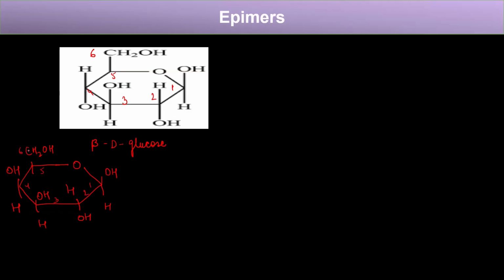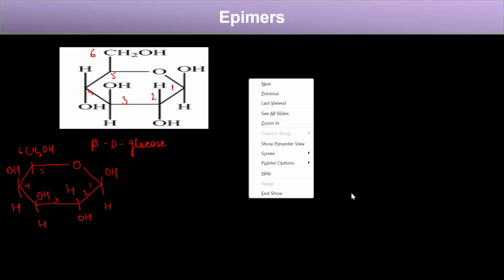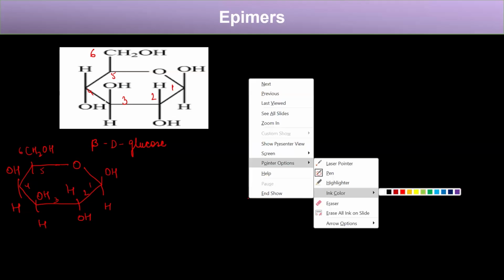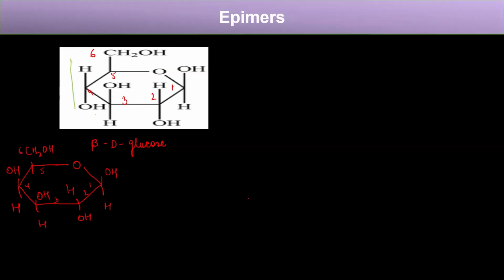If you look at the structure of glucose and this structure, what difference can we observe? The difference is at one point, right? The structural difference is at this position. In this case, the orientation is different, and this is the fourth position, right? And this structure is known as beta D galactose.